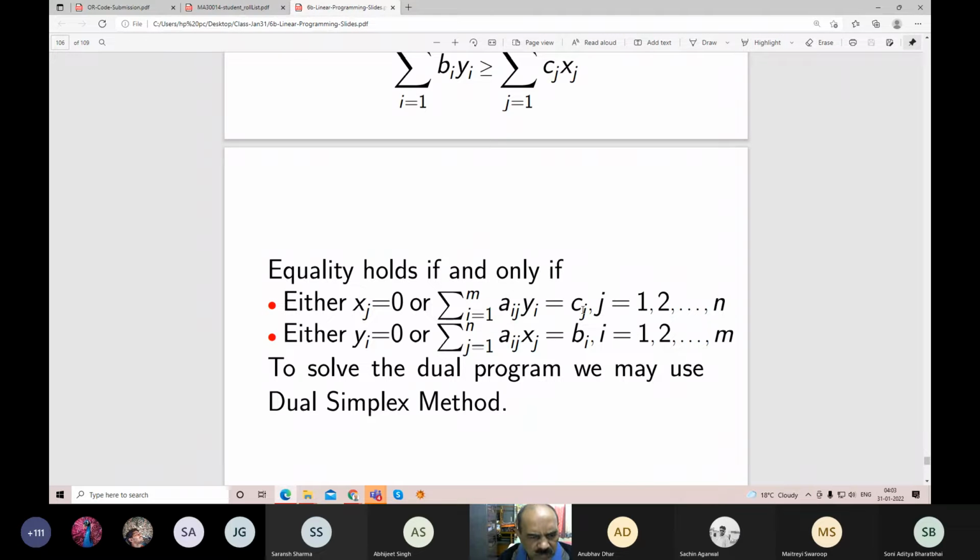Both may be true also, because "or" means both. Similarly, yi equals 0 or the summation over j from 1 to n of aij xj equals bi. To solve this problem, the dual problem, we may use the dual simplex method.